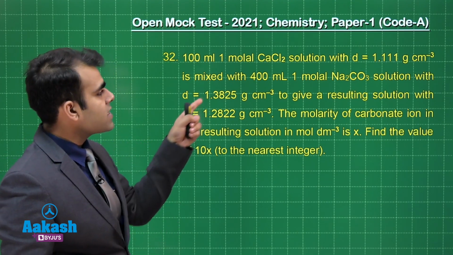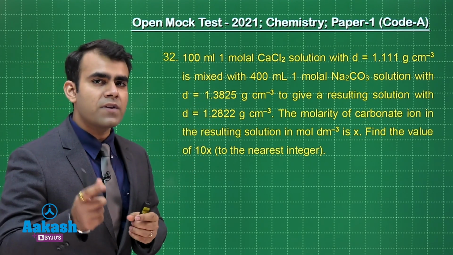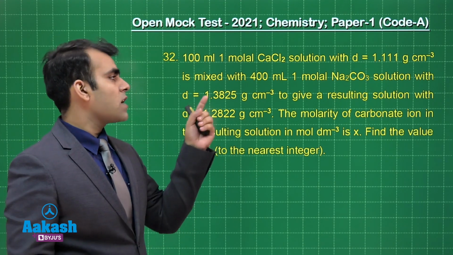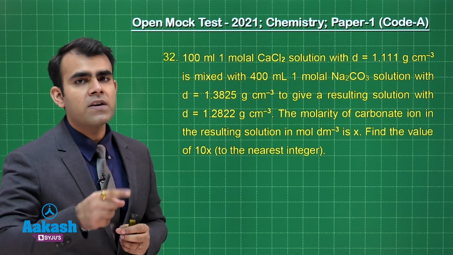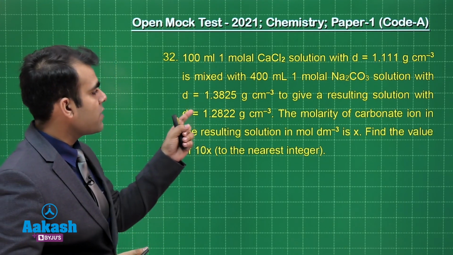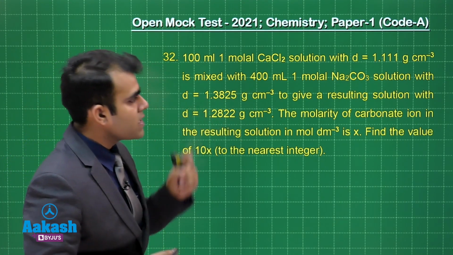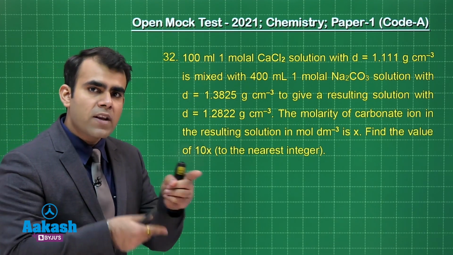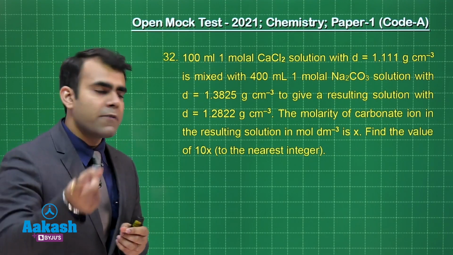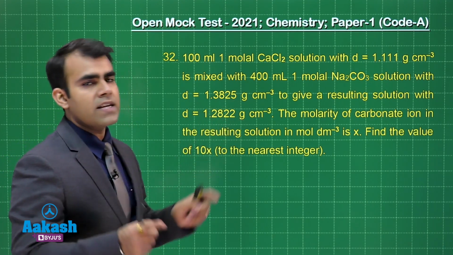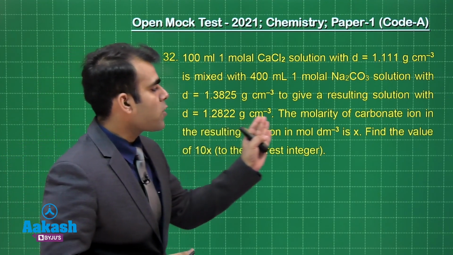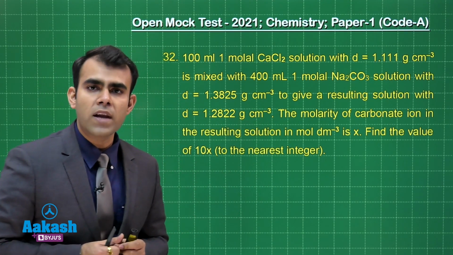Why? Because here the densities are different. If densities are different, you cannot add the total volumes, because volumes are not additive, masses are additive. So first we have to calculate the masses of these solutions. We will add them, we will get the final mass, and from there with the help of density we will calculate the volume of that final solution, and from there we calculate the molarity.